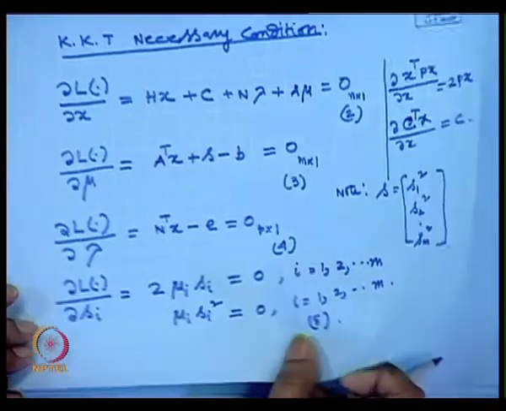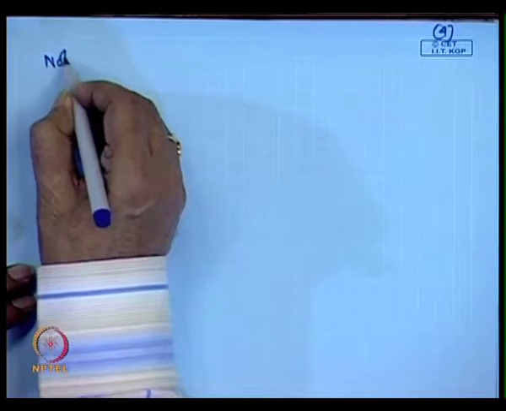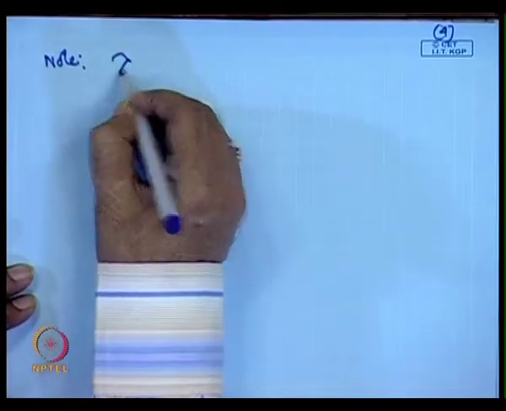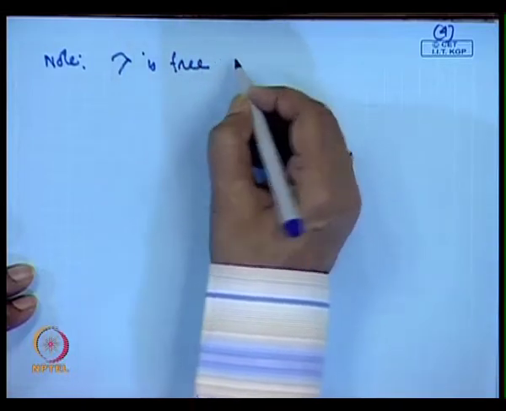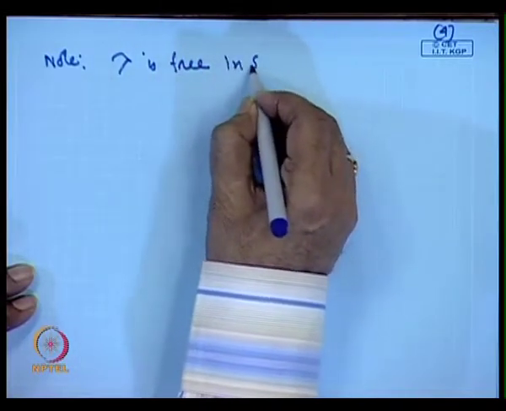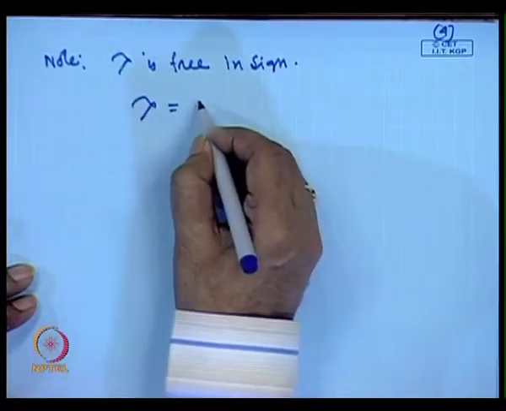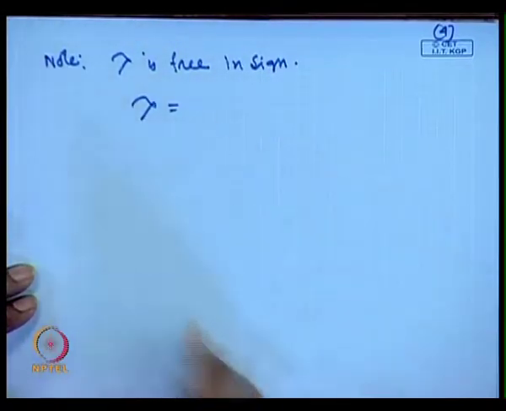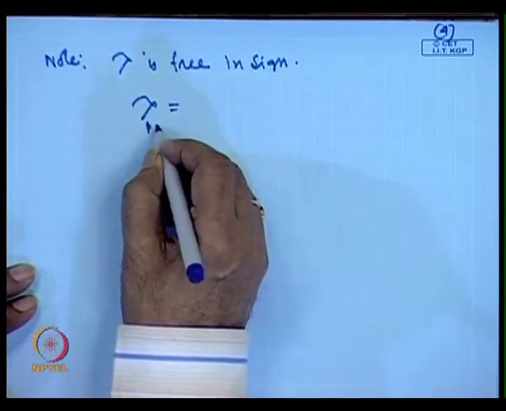So, I can write it, next note lambda is free in sign. So, you can write lambda is equal to lambda. What is the lambda associated with? Equality constraints. What is the dimension of this one? p cross 1.